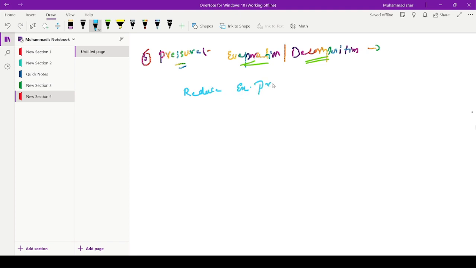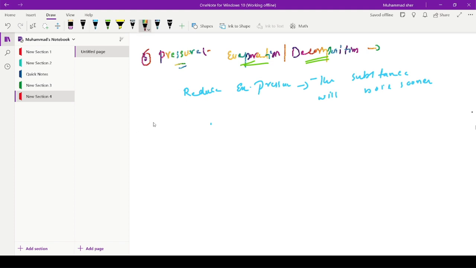By doing this, the substance will boil sooner and will evaporate at lower temperature, and when it reaches the decomposition temperature, the decomposition will occur. So by reducing the external pressure, we can differentiate between the evaporation and decomposition temperature for those experiments where the evaporation and decomposition overlap each other.